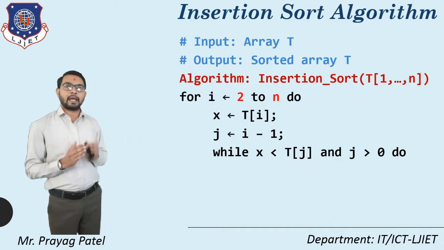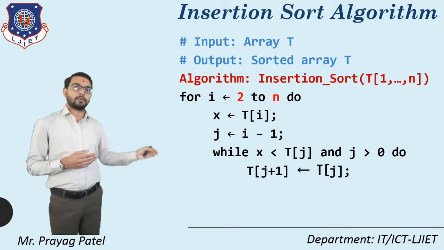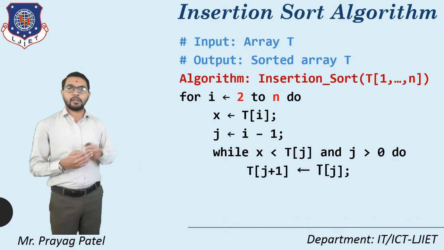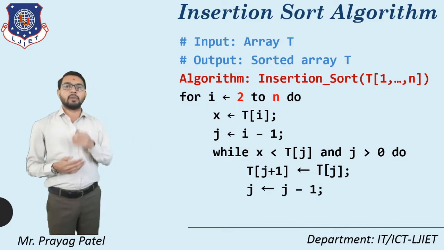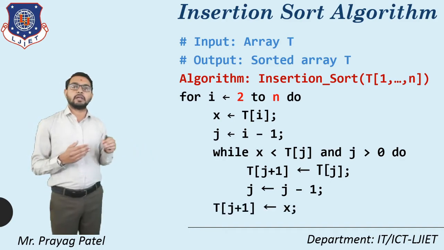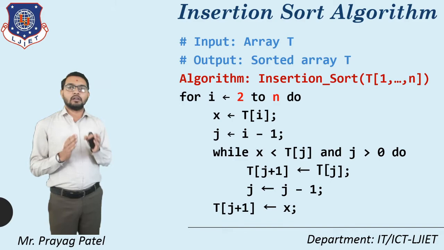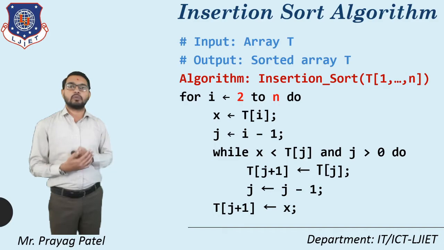If x is less than t of j, then perform the following operation. What is the operation? t of j plus 1 equal to t of j, which means a right shift operation of your particular data. Then j equal to j minus 1, which means the decrement operation of j. After performing this, consider t of j plus 1 equal to x, because we decrement j, the shift down operation will stop. Then put the value of x at your location t of j plus 1.